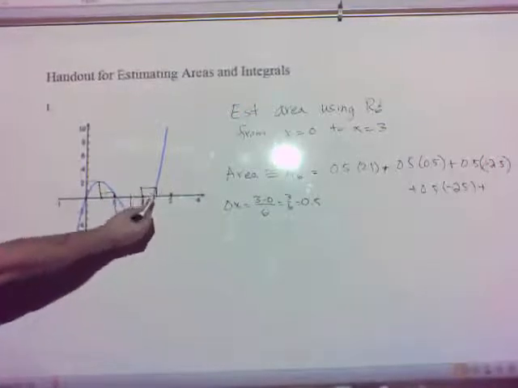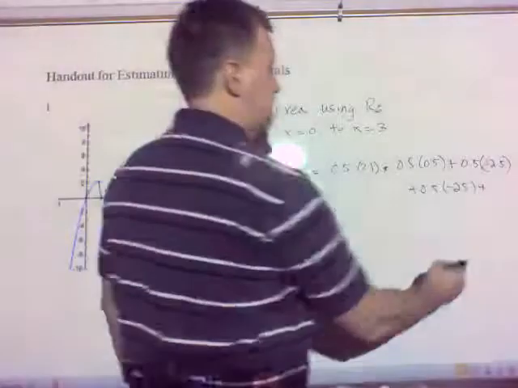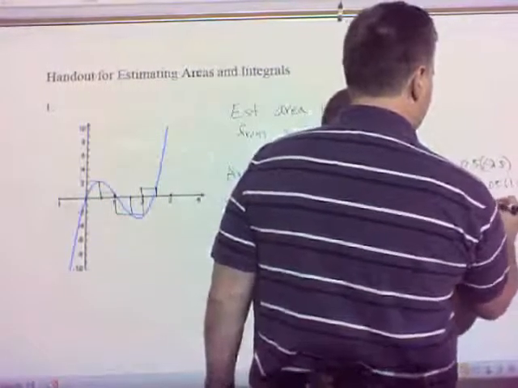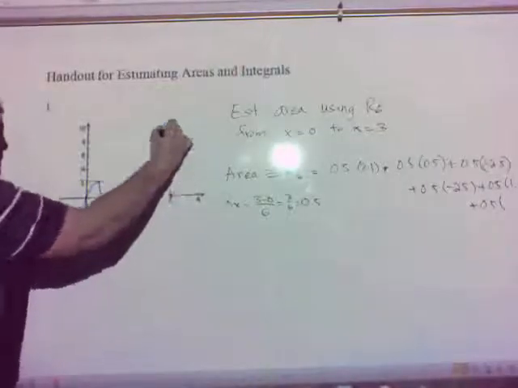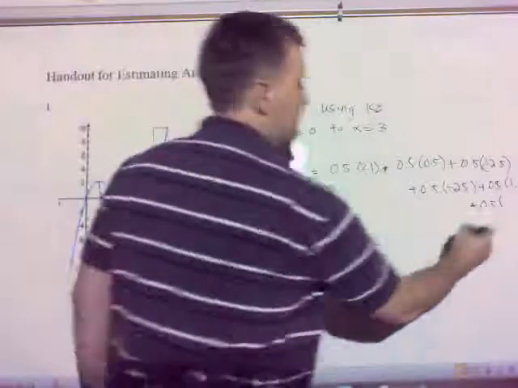I'm going to say it's about 1.1. And then the last one is, well, it's way up there, so it's a big, tall rectangle. So, yeah, that's 10. Is it 10? Right at 10?